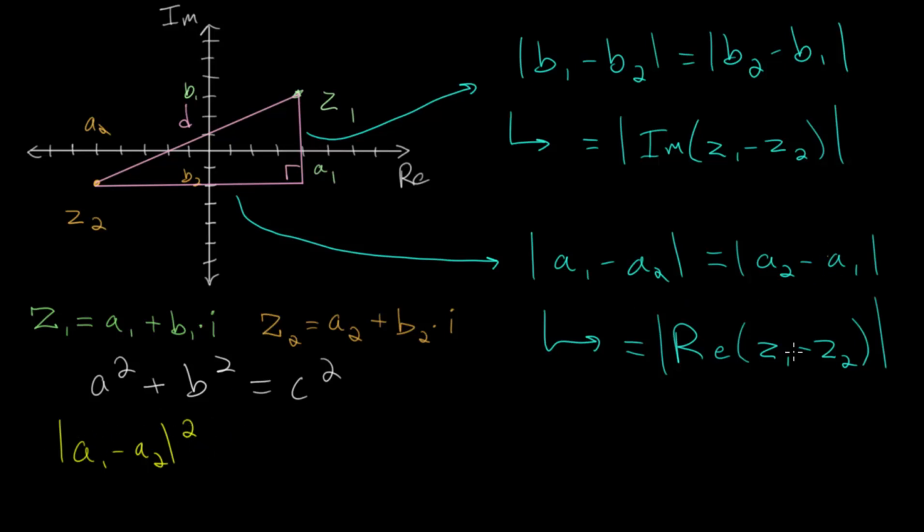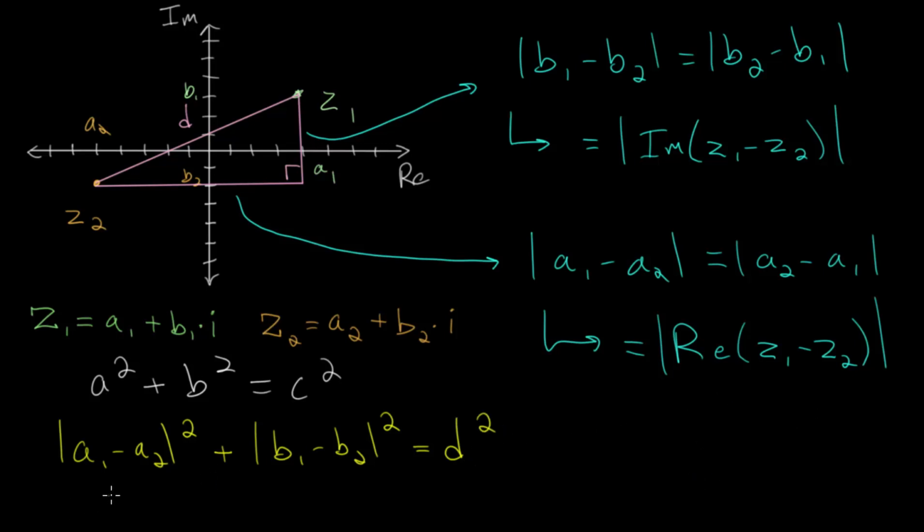And again, we can write this with the other notation if we want. And then we will add that to the absolute value of the difference between the imaginary parts. We can do b1 minus b2, and we'll square that. And all of this is equal to the hypotenuse squared, and the hypotenuse is d, so this is equal to d squared.